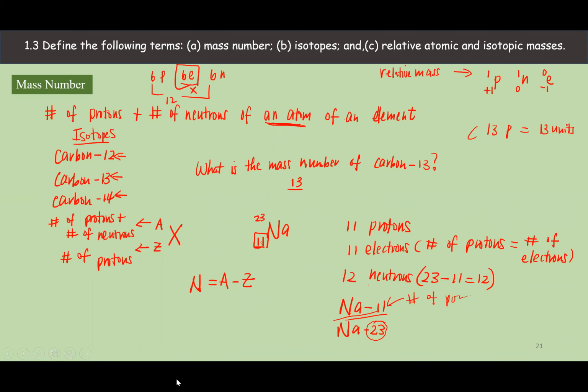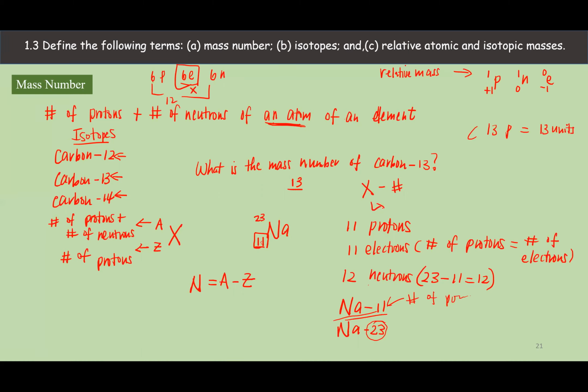It is understood, and it will always be understood that any sodium atom will have 11 protons. We never would have to specify that. What will change for the sodium atom, because we have different isotopes, is how many neutrons it has. And so the format that we use is always the symbol of the element followed by a number.